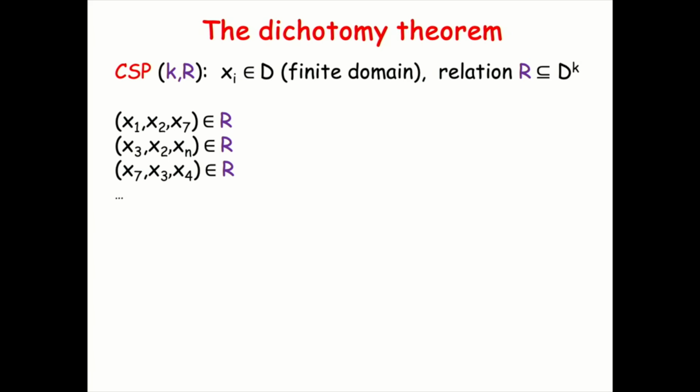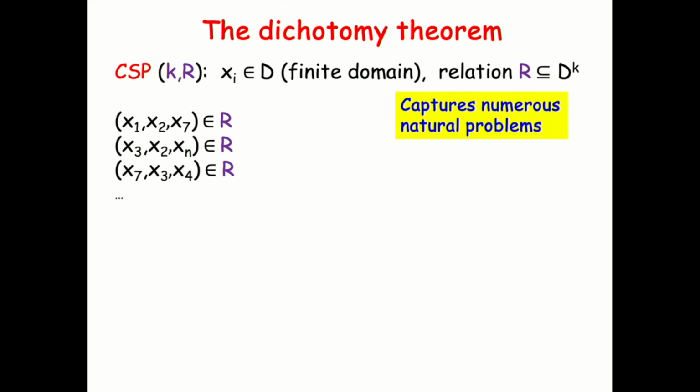So think about all these constraint satisfaction problems. They are specified by a relation which tells you what these equations or inequalities should satisfy. They are of some arity, k, and over some alphabet, some domain, d. You are given a list over n variables, you are given a list of constraints, and you want to solve it.